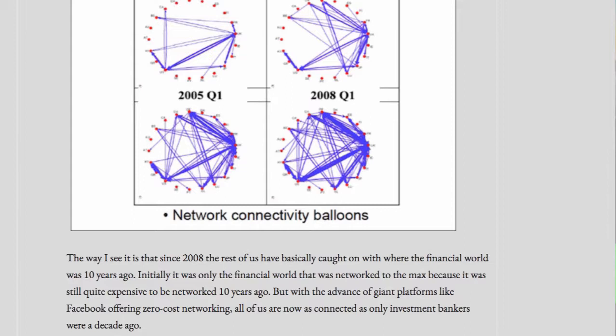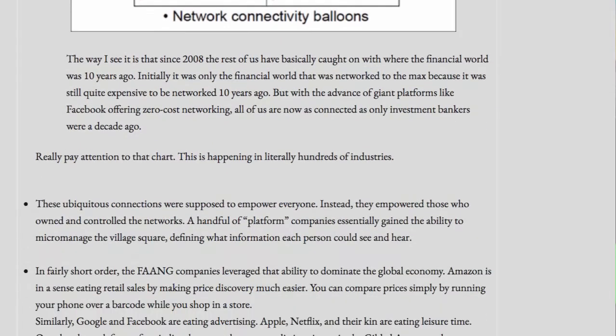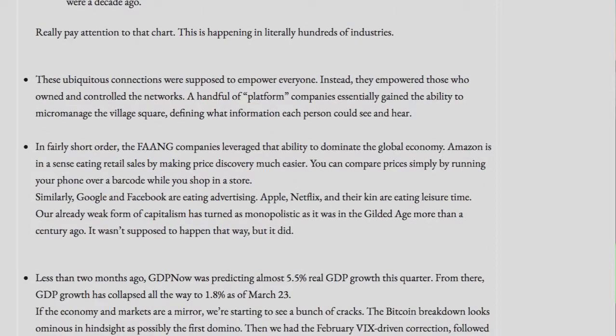Initially, it was only the financial world that was networked to the max because it was still quite expensive to be networked 10 years ago. But with the advance of giant platforms like Facebook offering zero-cost networking, all of us are now as connected as only investment bankers were a decade ago. Really pay attention to that chart. This is happening in literally hundreds of industries.